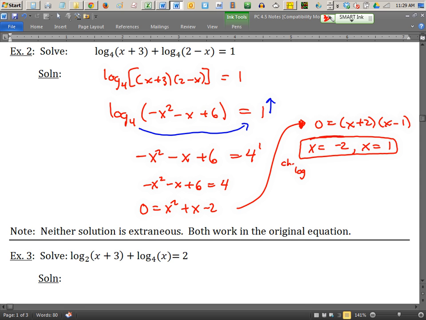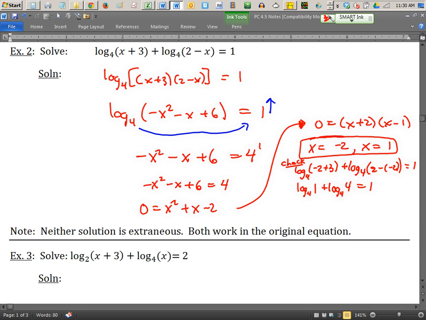So we're checking. Is it true that log base 4 of negative 2 plus 3 plus log base 4 of 2 minus negative 2 is 1? The answer is yes. This gives us log base 4 of 1 plus log base 4 of 4 equals 1. This is actually a true statement, because what is log base 4 of 1?